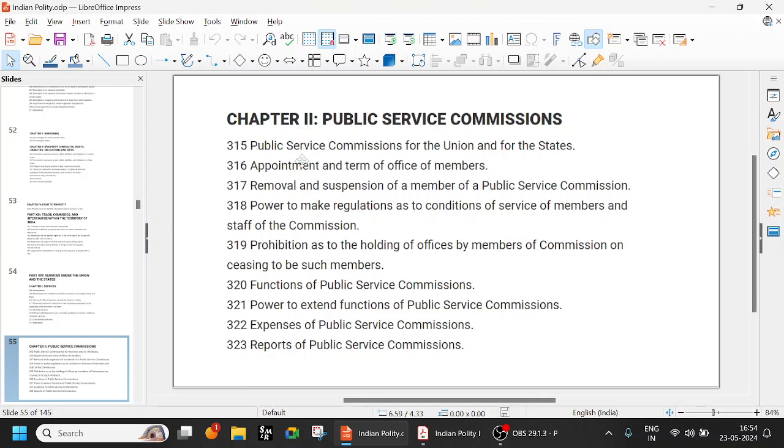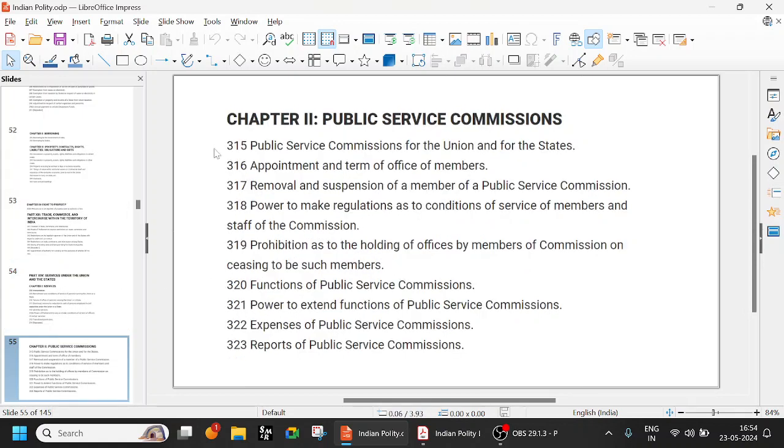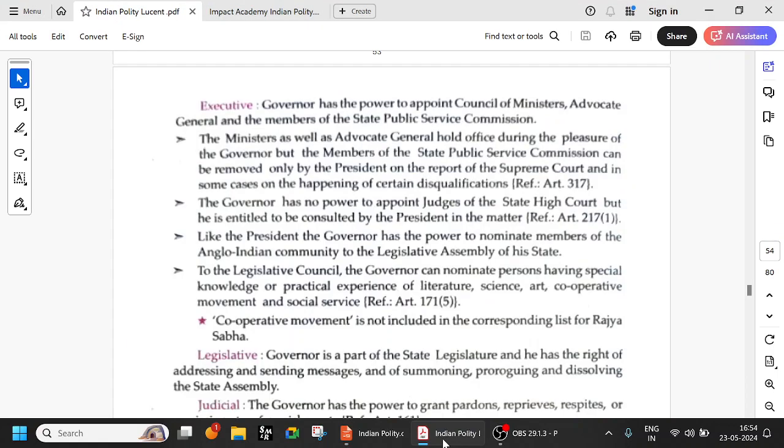So All India Services, IAS, IPS, and all those things, we are talking about Article 312. And when it comes to UPSC, APPSC, etc., that is Article 315. Okay. Removal and suspension of a member of a public service commission, it is 317. So 317. Removal is 317.